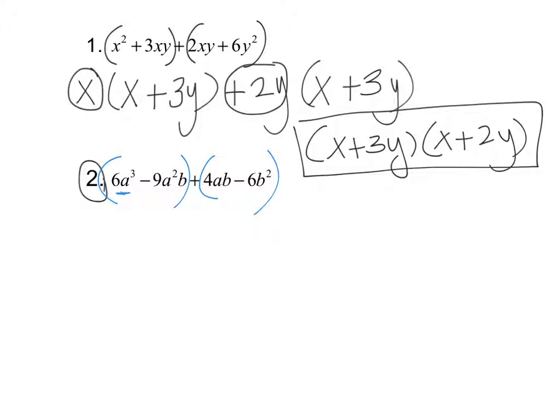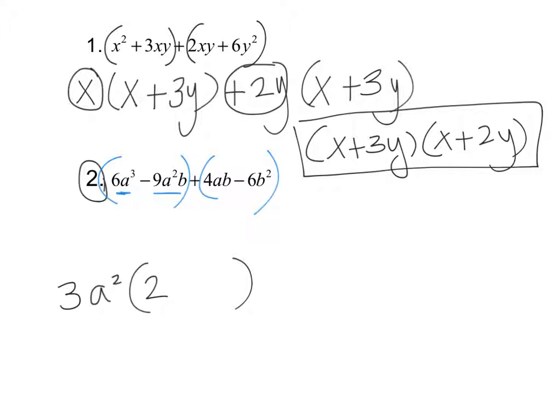So what's common between 6a cubed and negative 9a squared b? Now 6 and 9 are both divisible by 3. Now a cubed, a squared, I always take the one with the least power, but there's no b in common. So if you factor 6 divided by 3, that's a 2.